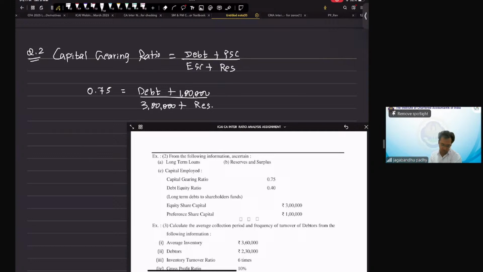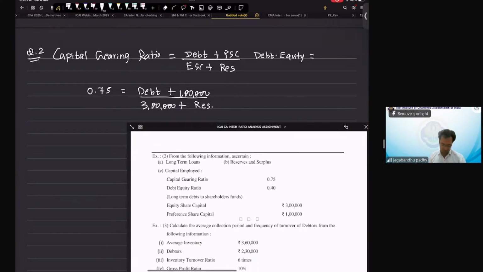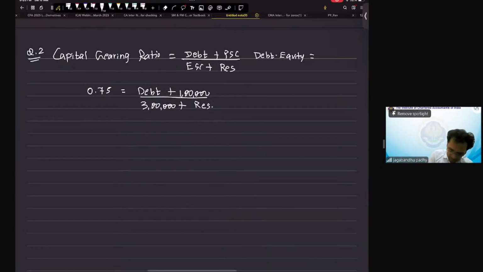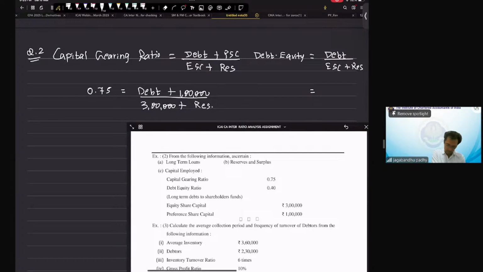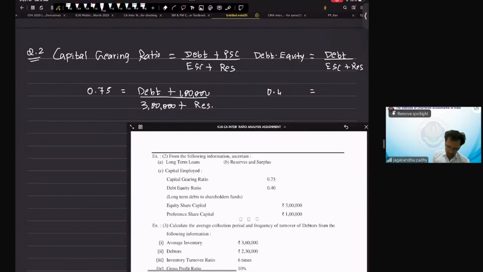Then the next ratio that they've given is debt equity ratio. So let me just take that debt equity ratio into account. Debt equity ratio is long-term debt upon shareholders fund. We'll say debt upon equity share capital plus reserves. So debt equity ratio is 0.4. 0.4 is equal to debt upon equity plus reserves.